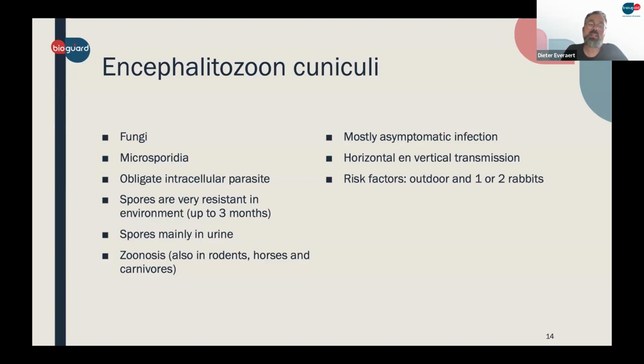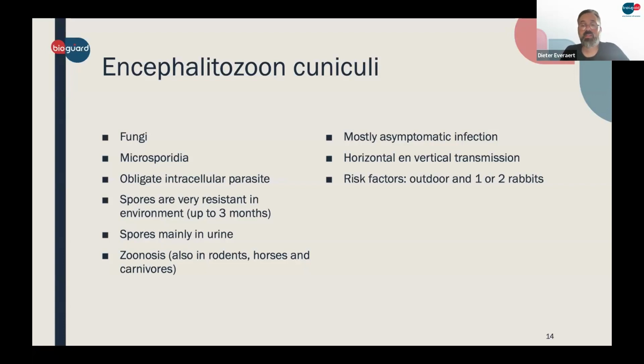The problem with Encephalitozoon is that it's quite often an asymptomatic infection. So just serology for IgG is honestly worthless, because the only thing you know is that within 1 year, the rabbit had contact with Encephalitozoon. The problem is IgG lasts as long as a year.